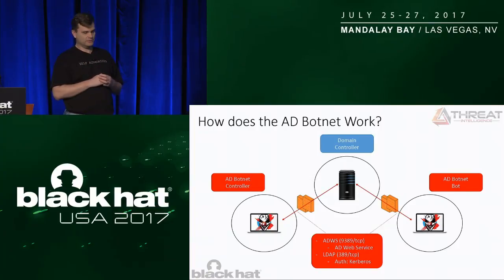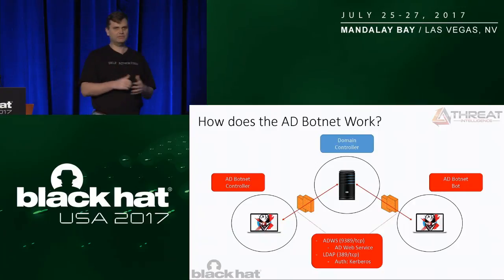And most people, even if it is turned on initially, will turn it off because it's quite a noisy event to be looking at, because there are so many updates to Active Directory objects. So there are just a couple of things to set the scene about what makes this kind of command and control network interesting from an attacker's perspective.